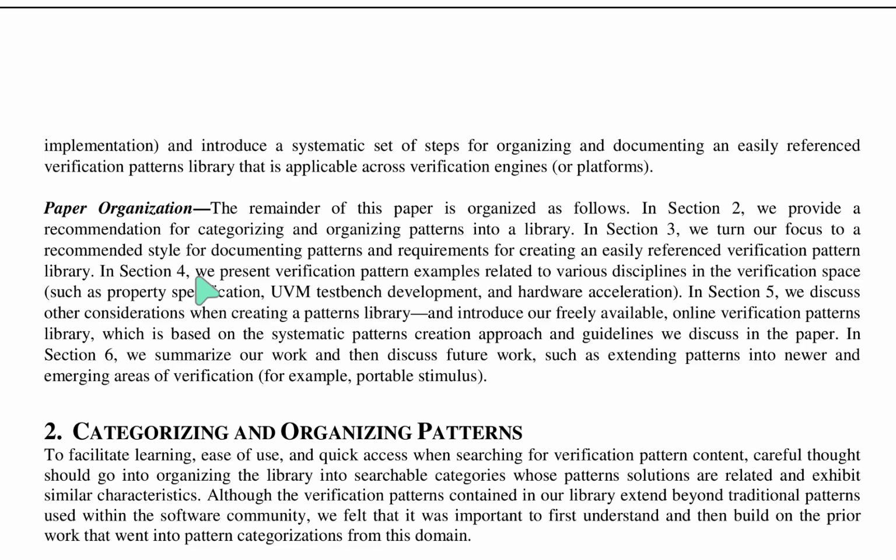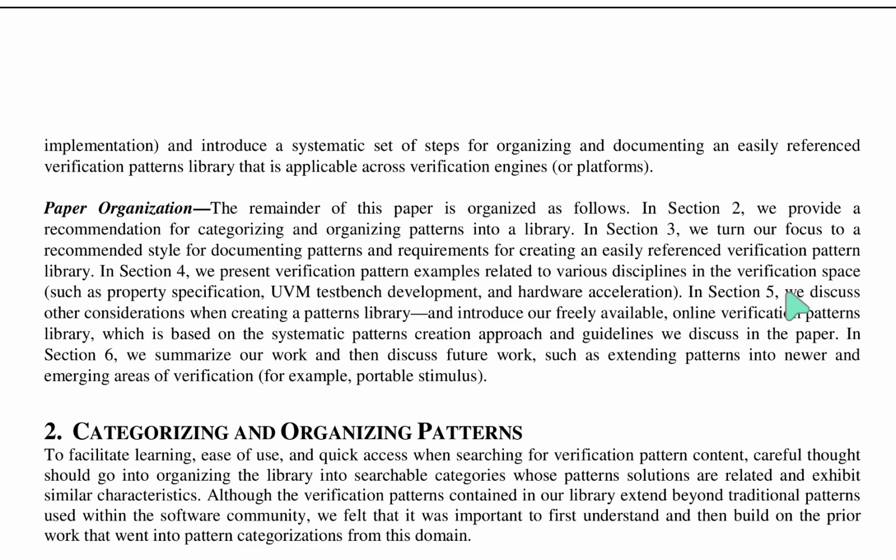In section 4, we present verification pattern examples related to various disciplines in the verification space, such as property specification, UVM test bench development, and hardware acceleration.